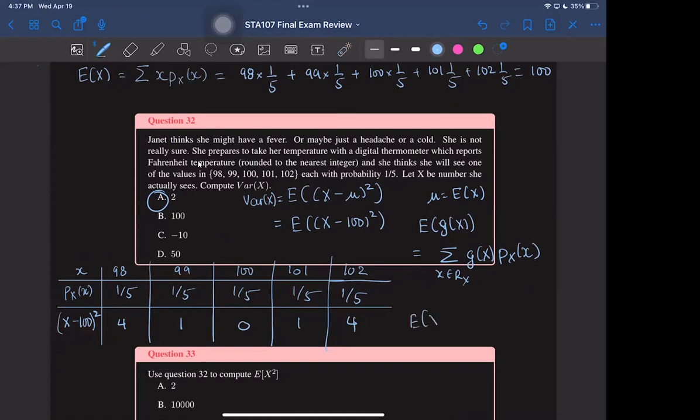And so the expected value of X minus the mean squared is, again, I go through each of the columns. I take the value for X minus 100 squared, and multiply with the corresponding probability. So I have 4 multiplied by 1/5.